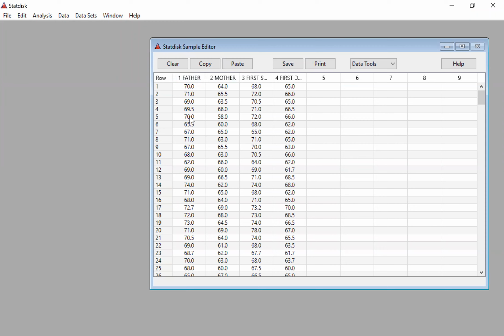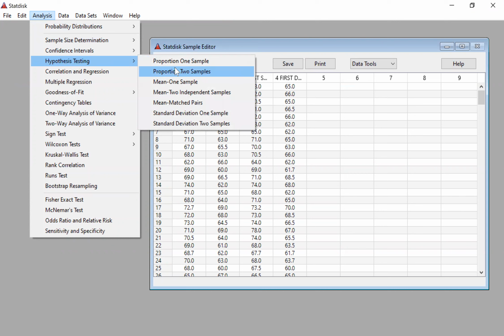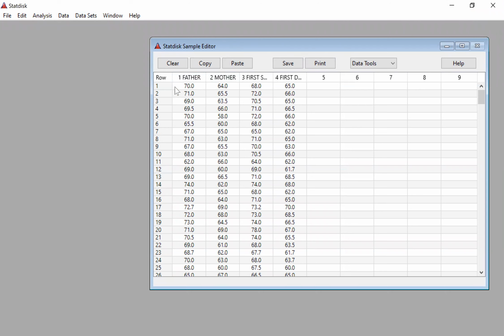And father's heights, that's column 1. First son, that's column 3. So, hypothesis testing. And what's telling us that this is a matched pairs case versus an independent samples case is when we're looking at the data, this data in row 1 is all from the same family. The data from row 2 is all from the same family.